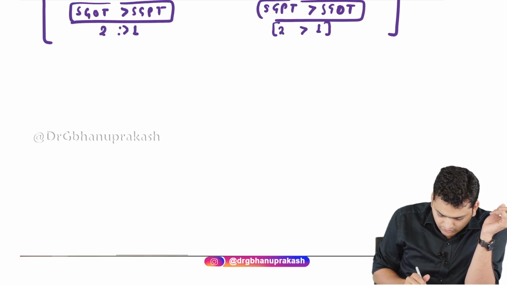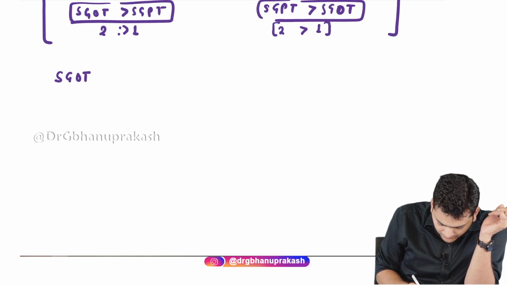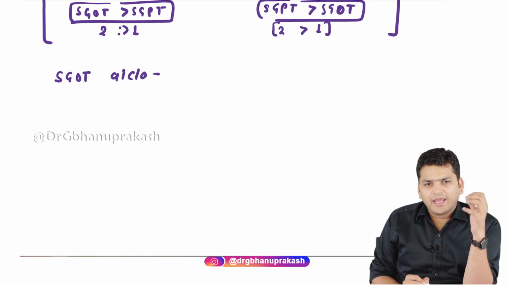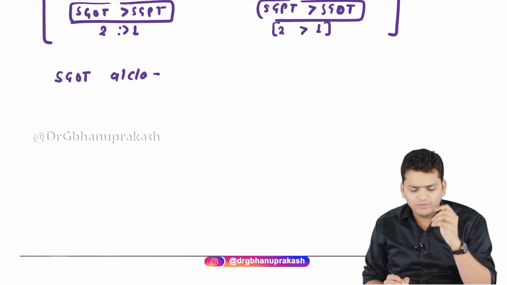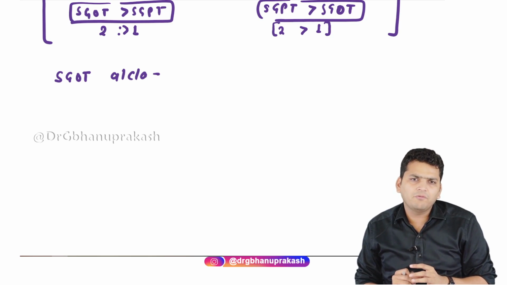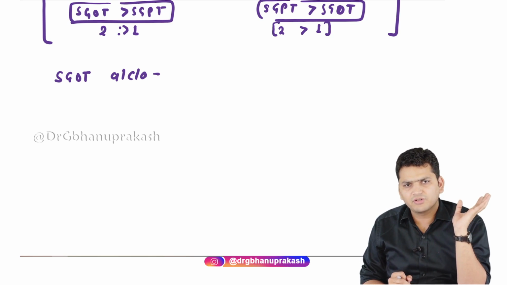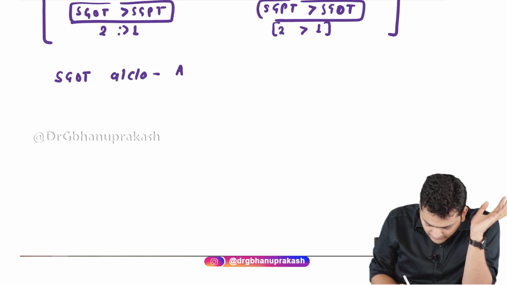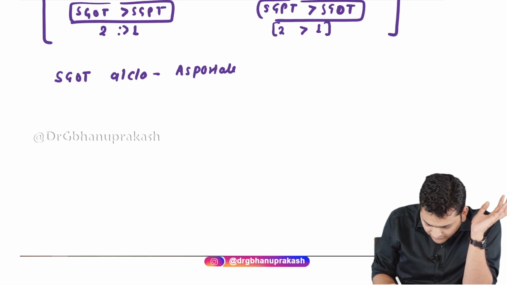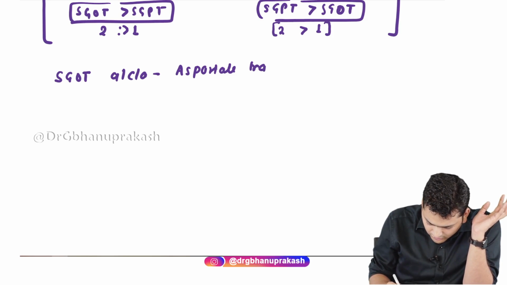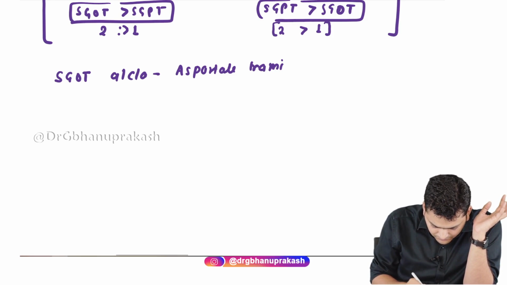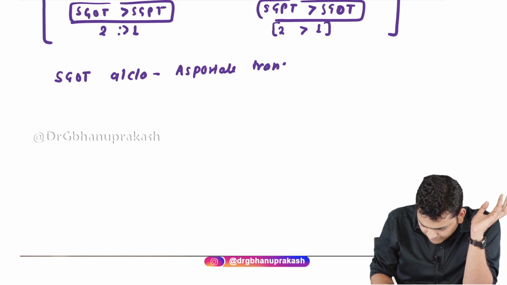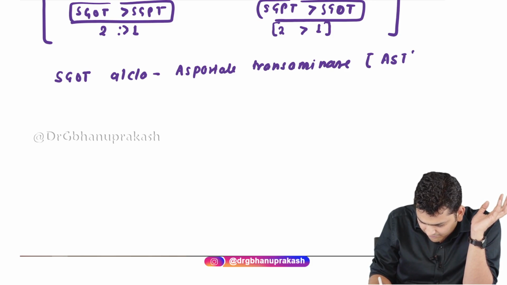What are the other names of SGOT and SGPT? We have discussed that SGOT is for the transamination of aspartate, so it is also called aspartate transaminase, in short written as AST.